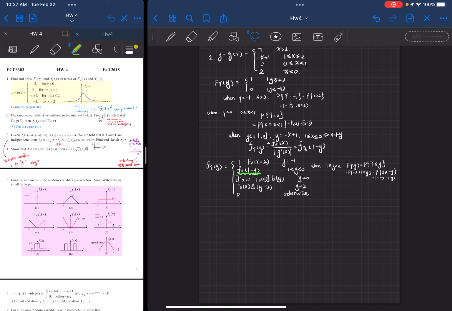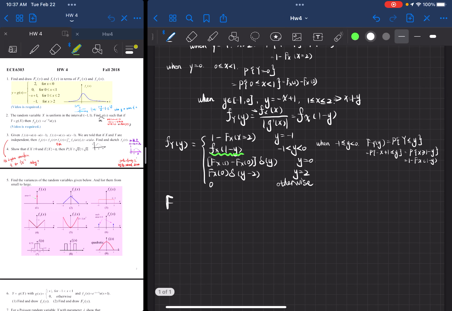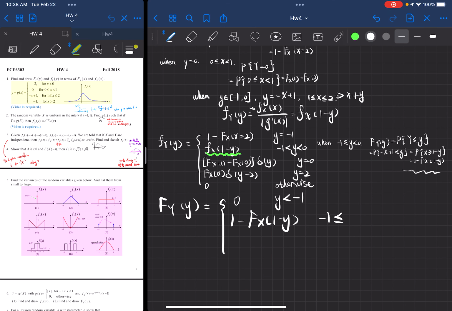So based on what is calculated above, we can write the distribution function of y. It equals 0 when y is smaller than -1, and it equals 1 minus this one, as stated here, when y is from -1 to 0.